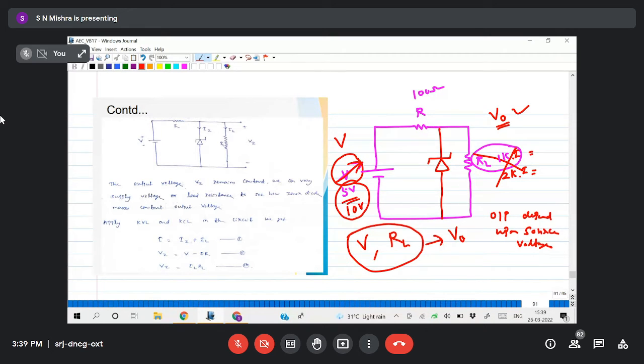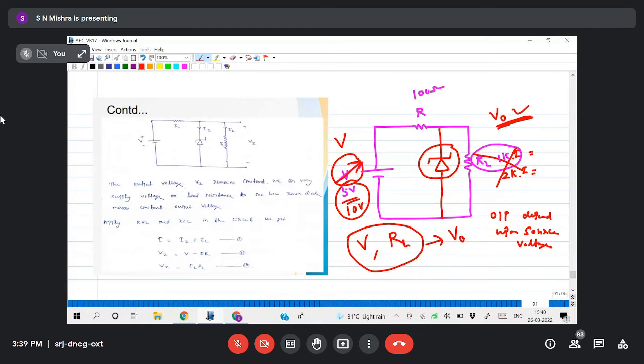If I observe that type of situation, then can I say that due to this Zener, I am getting regulated or constant output? Yes, the output is constant. V naught is not changing.